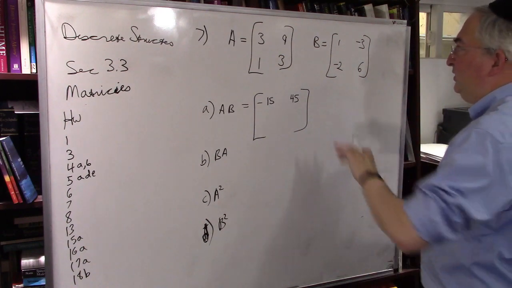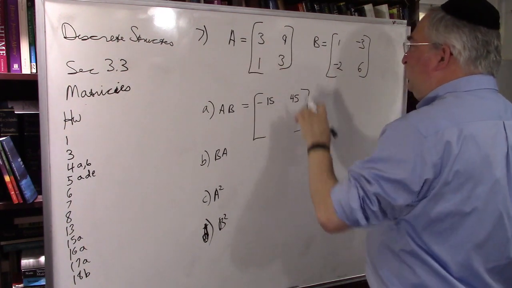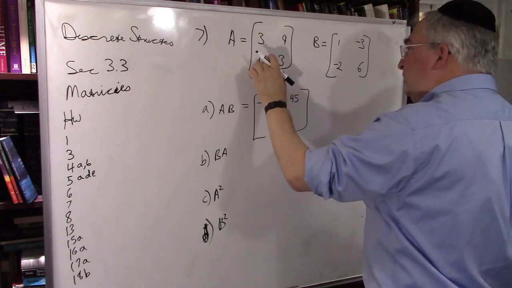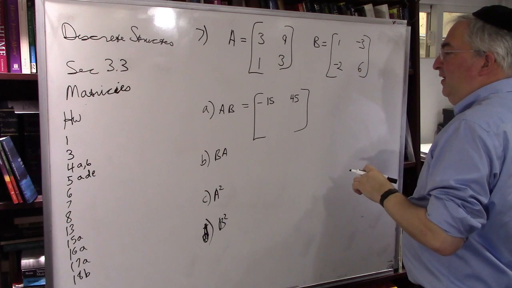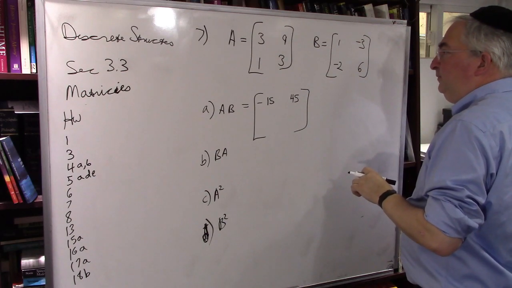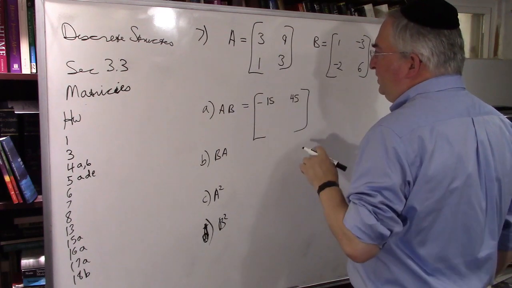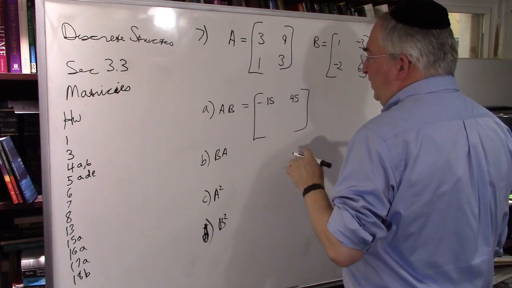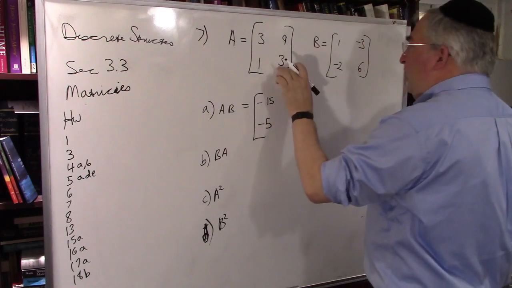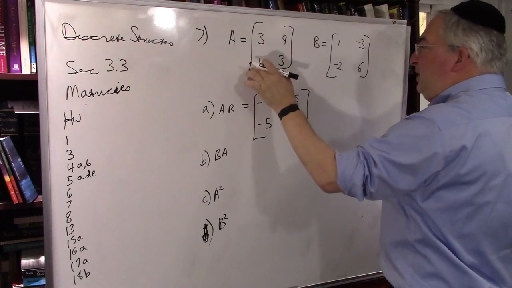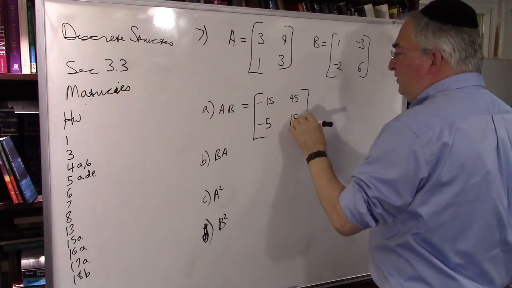Good. Next, this is 1 times 1 plus minus 6, which is minus 5. And let's do the last one. Minus 3 plus 18 is 15.